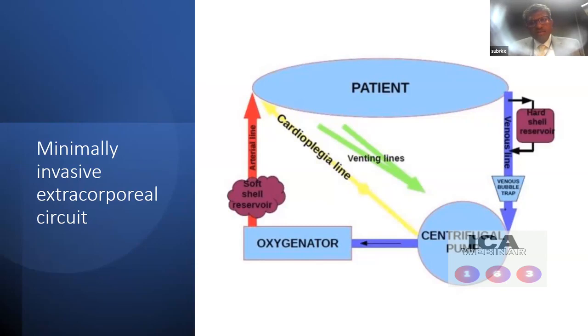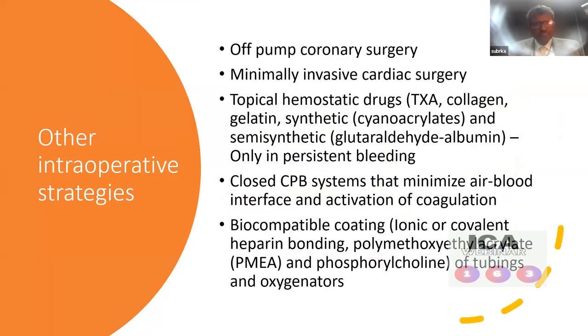So there are several improvements that can be done intraoperatively during bypass or pre-bypass to make sure the transfusion requirements are minimized. There are several institutions where they use a minimally invasive extracorporeal circuit with minimum priming volume, so that hemodilution is decreased and the transfusion requirements are reduced.